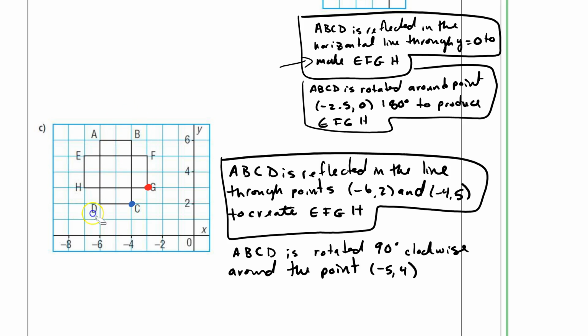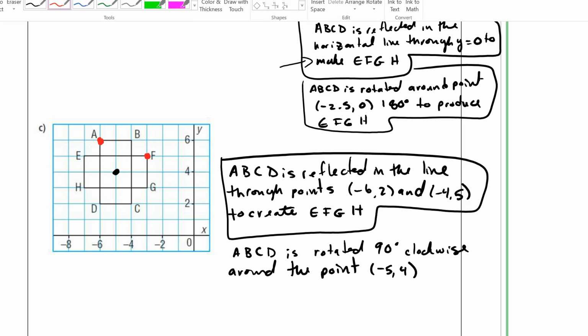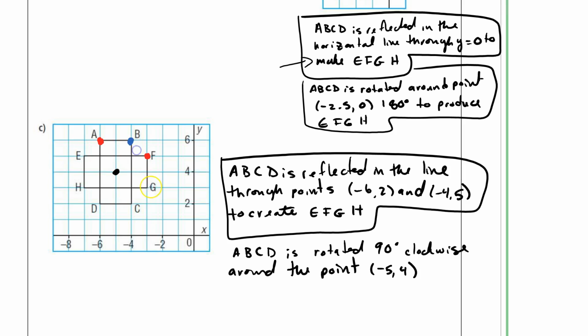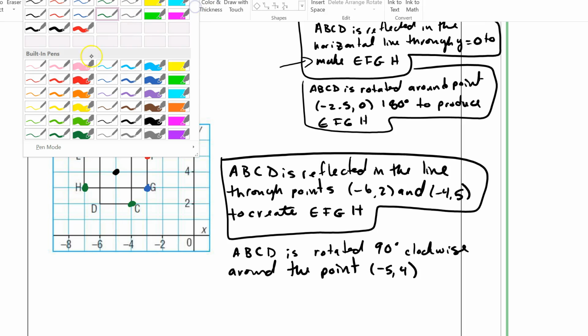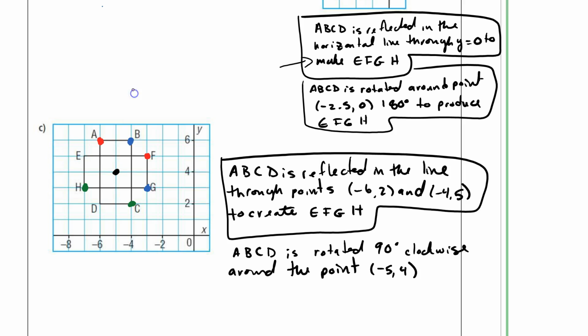Because if we were to get rid of all these colors, this A would correspond to F, and B would correspond to G, and C would correspond to H, and finally, D would correspond to E.